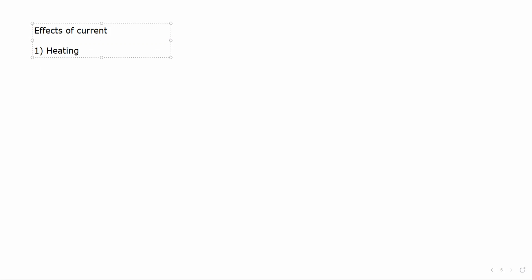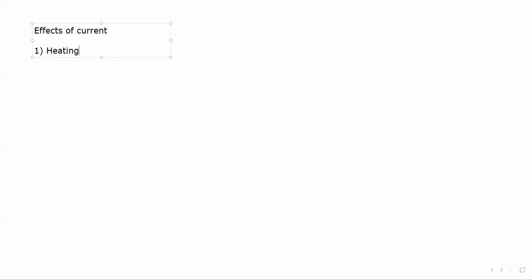For example, if you are charging your mobile, after some time your mobile will become hot. Or if a television is switched on for a longer period of time, it will become hot. Why? Because whenever the current is passing through a wire, it always produces heat.